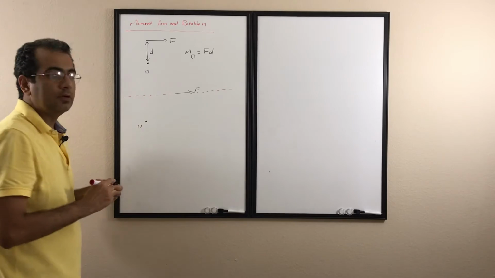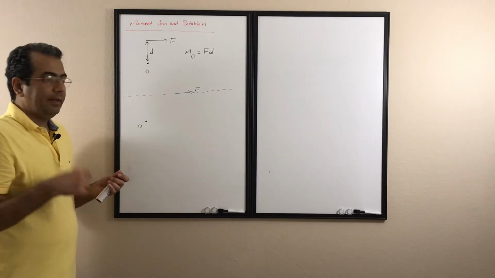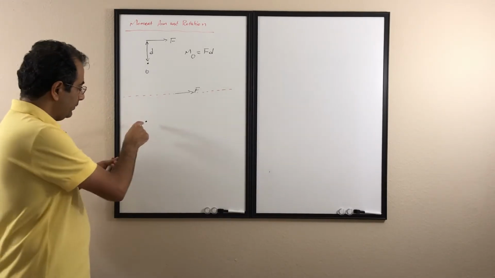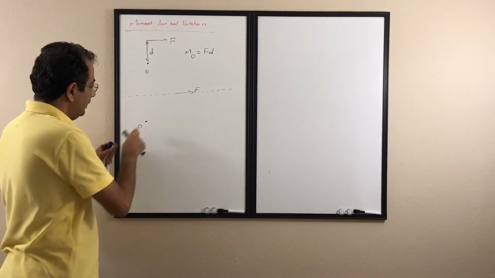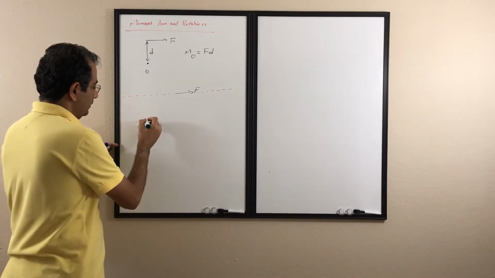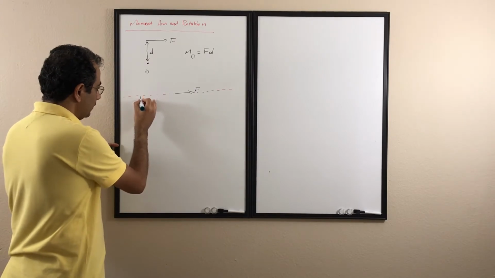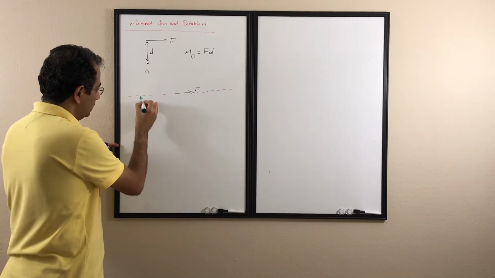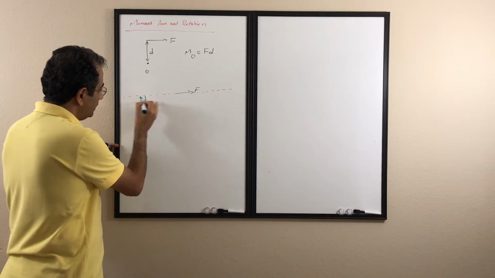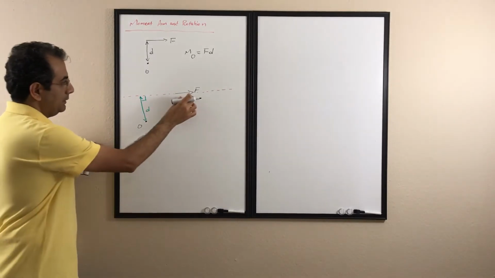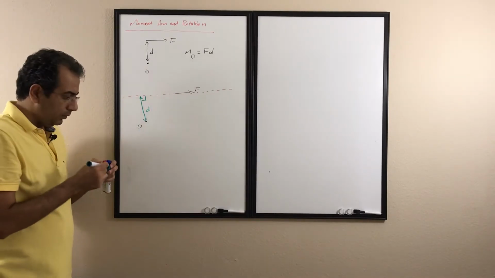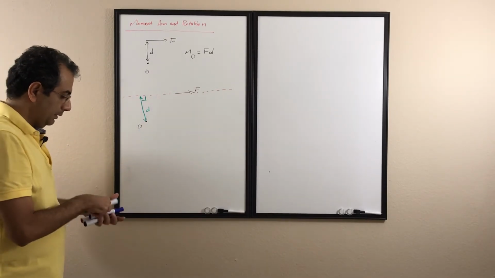Then, from that point, draw a line which is perpendicular to the line of action. It's always perpendicular to the line of action. This is going to be the d. So that's the F, that's the d. Always do it like that.